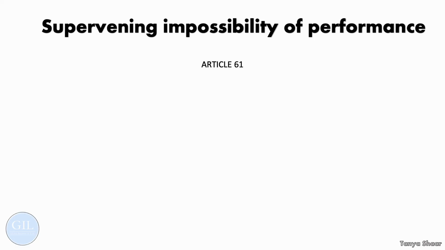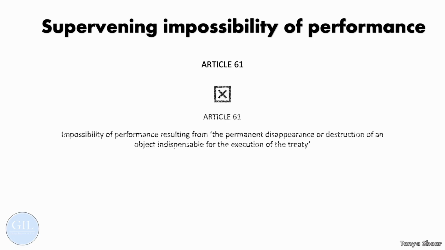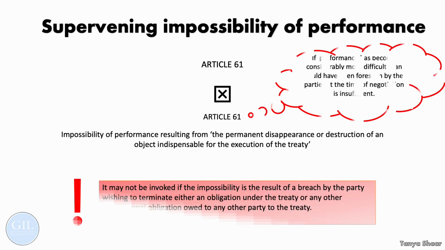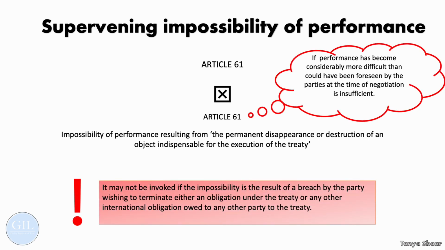Next, we have the supervening impossibility of performance, which is defined under Article 61 of the VCLT as the impossibility of performance resulting from the permanent disappearance or destruction of an object indispensable for the execution of the treaty. Notably though, this article may not be invoked if the impossibility is the result of a breach by the party wishing to terminate either an obligation under the treaty or any other international obligation owed to any other party to the treaty.